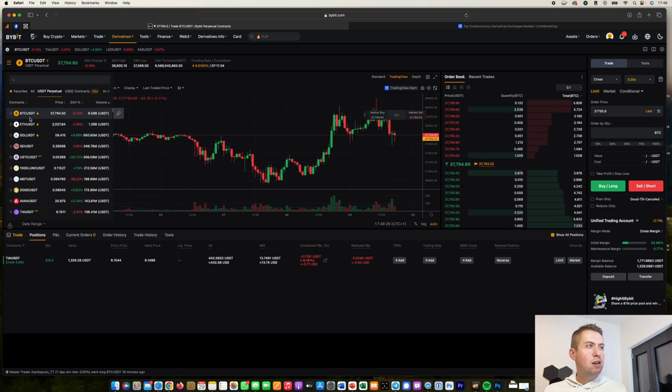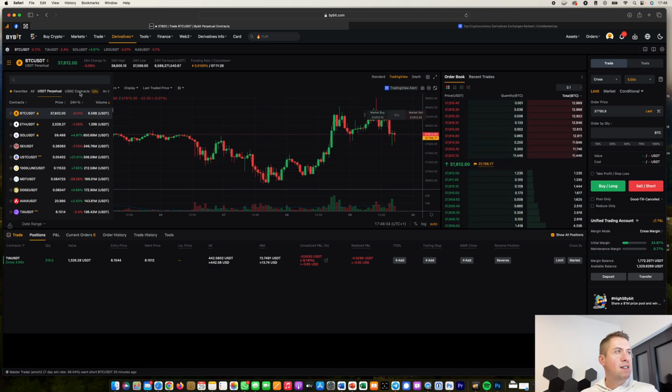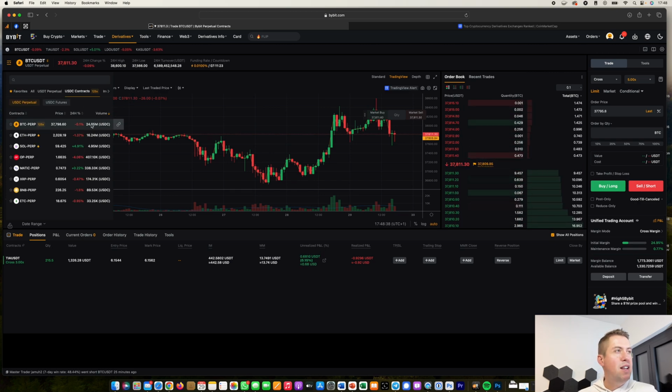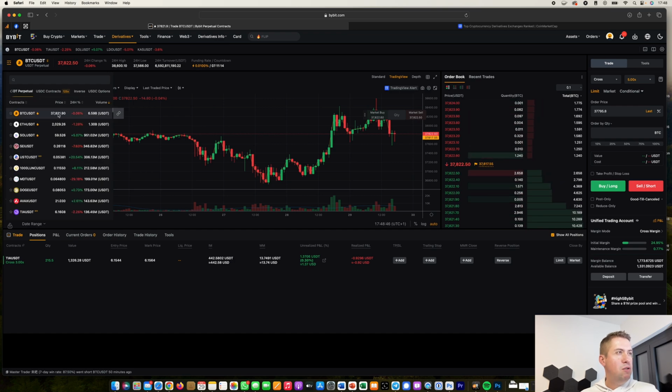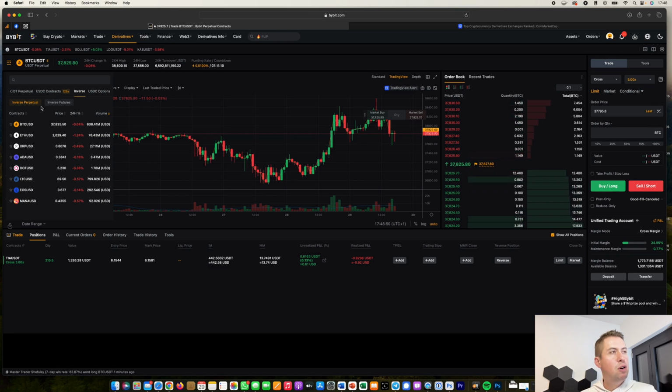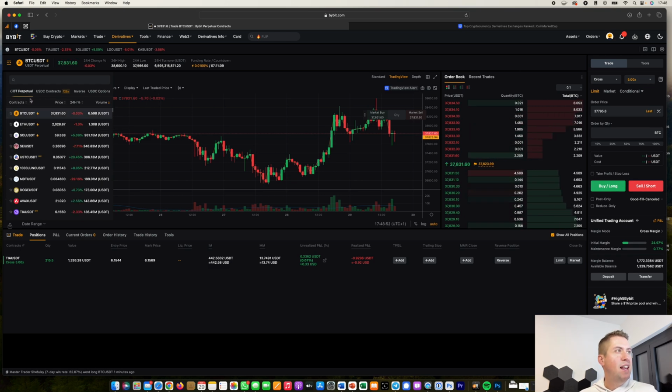So you can see here the trading volume for BTC against USDT was 6.5 billion in the last 24 hours. If we compare that to USDC contracts, it was just 24 million. So most people really trade USDT perpetuals. And inverse basically means you can use a cryptocurrency as a collateral. However, let's stick with USDT here at the beginning.